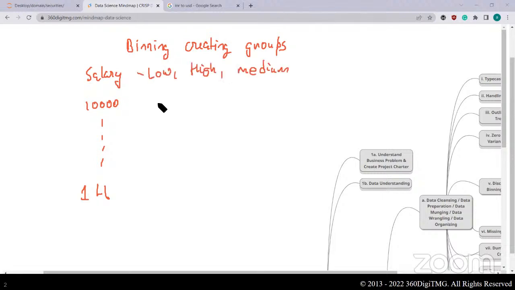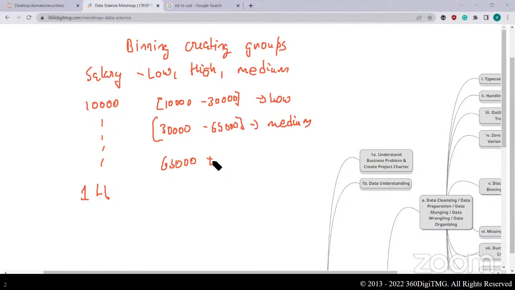So what you can do is you can define some range. You can say 10,000 to 30,000 should be low salary. 30,000 to 65,000 should be medium. And then 65,000 to 1 lakh should be considered as high salary.